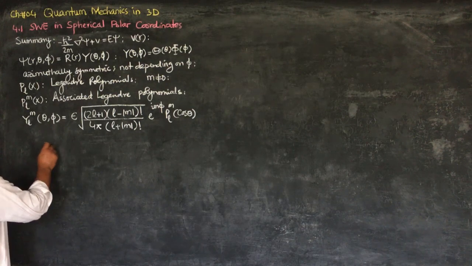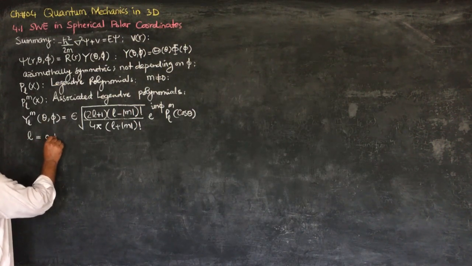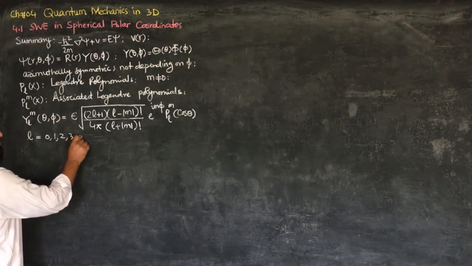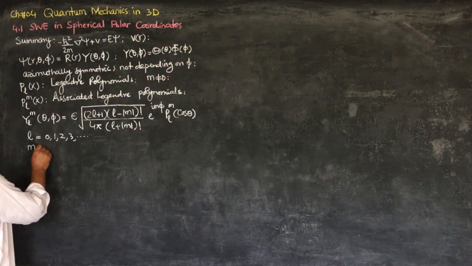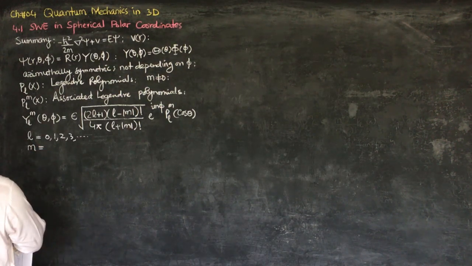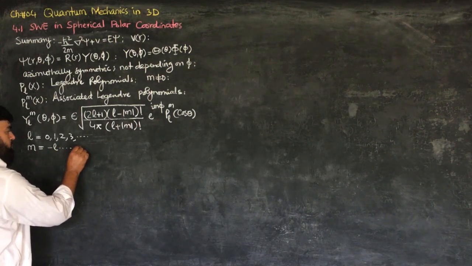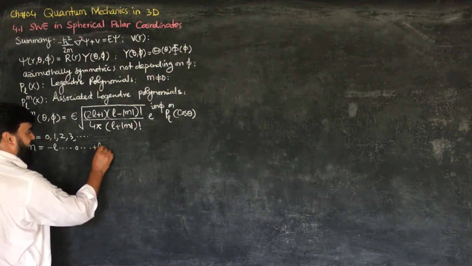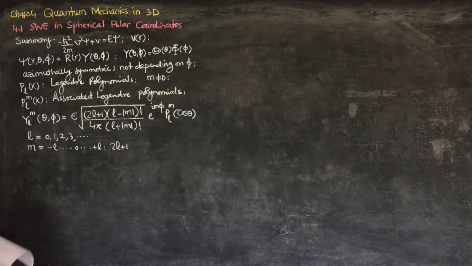We proved that the constant L runs over positive integer values, while the constant m runs from −L through 0 to +L, with 2L+1 values for each L value.